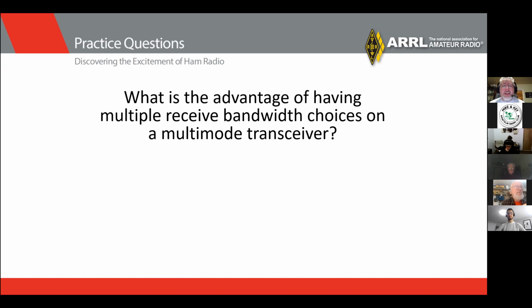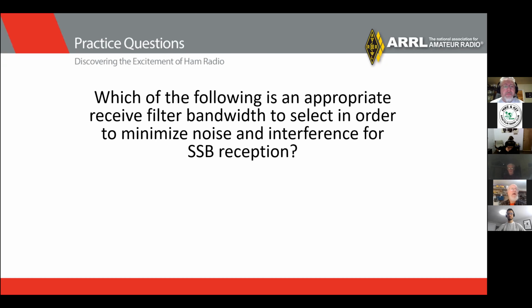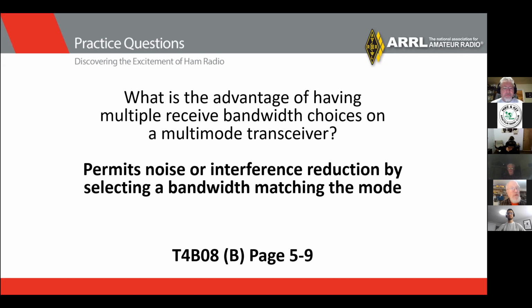What is the advantage of having multiple receive bandwidth choices on a multi-mode transceiver? It permits noise or interference reduction by selecting a bandwidth matching the mode. Remember I said it's kind of like a river channel.